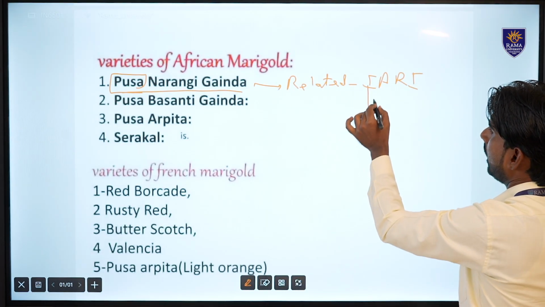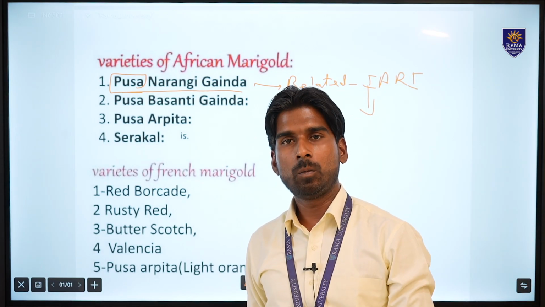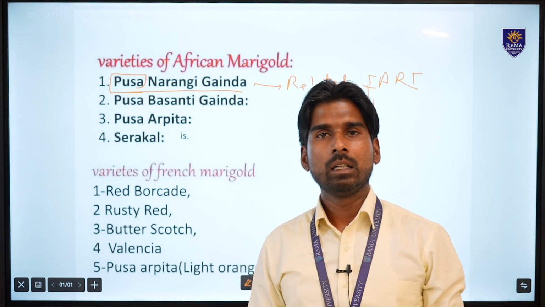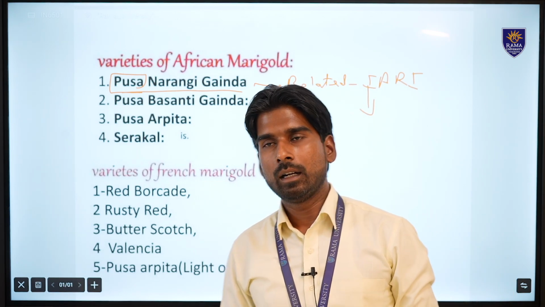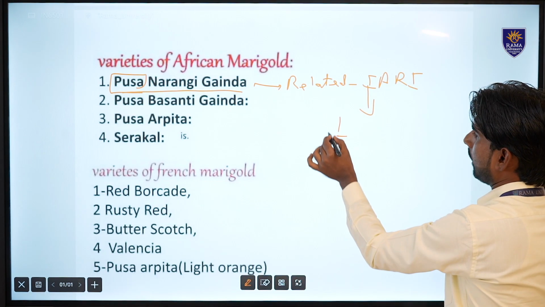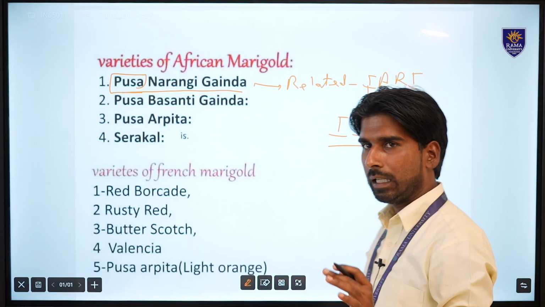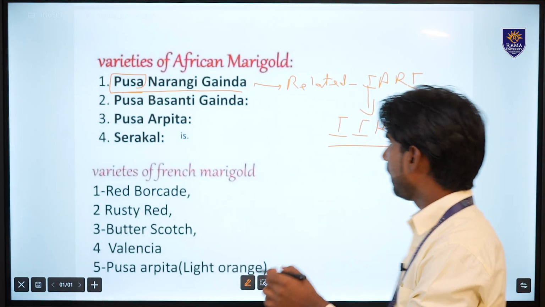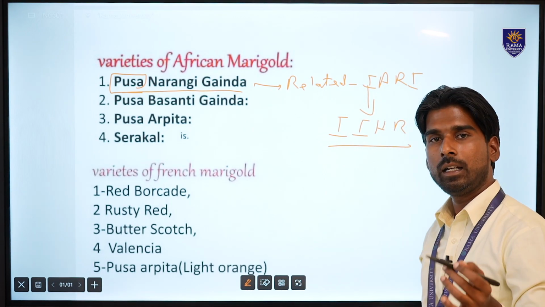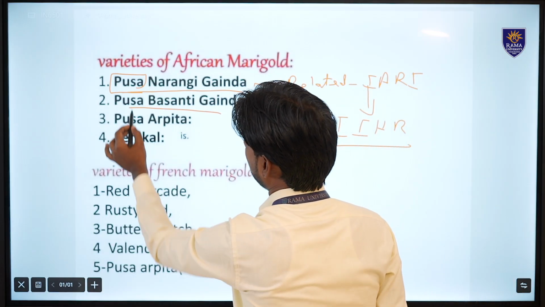IARI means Indian Agricultural Research Institute. Most of the marigold varieties are released by the IARI and IIHR. IIHR means Indian Institute of Horticultural Research. Next is Pusa Basanti Genda.